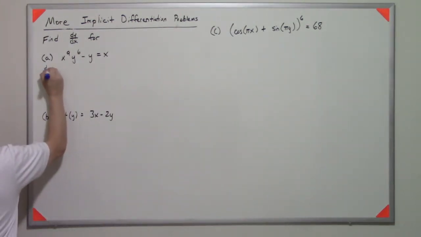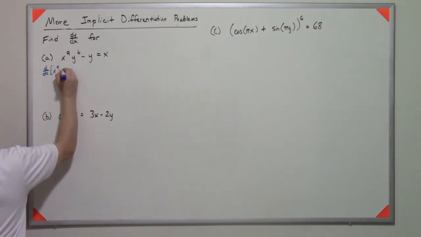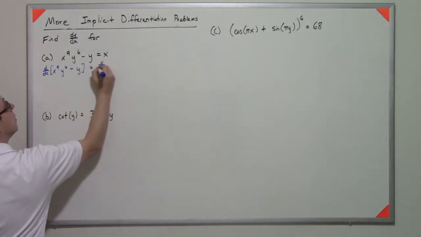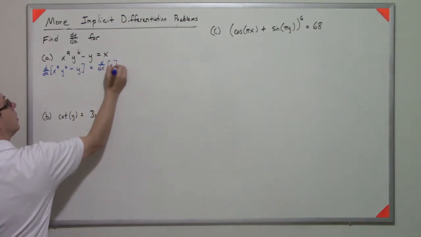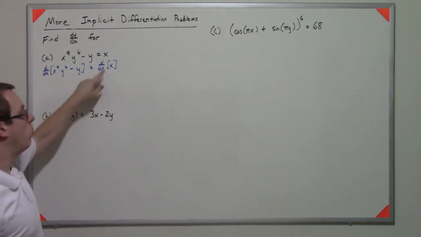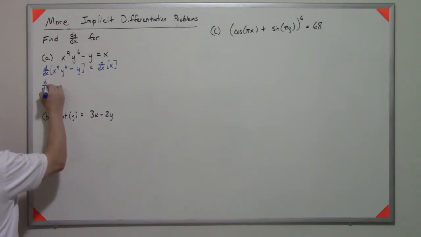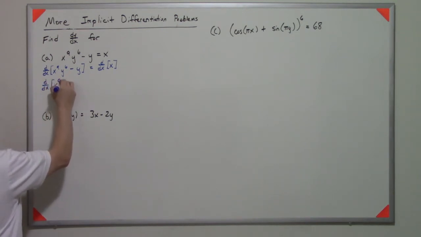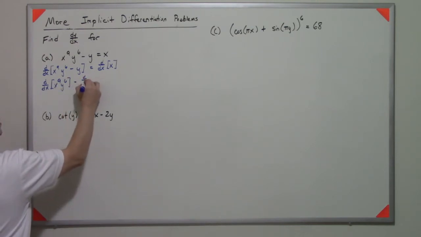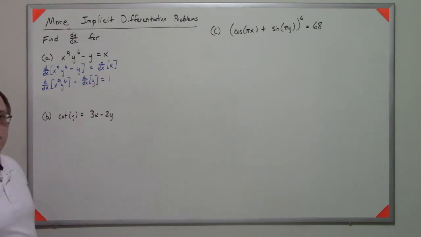So by doing that, we know that the derivative of x with respect to itself is 1. So we're going to split this derivative up like that.